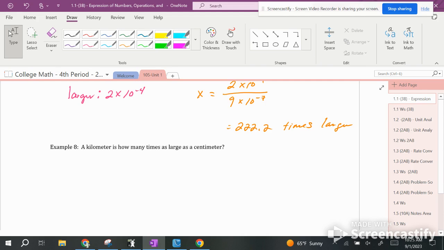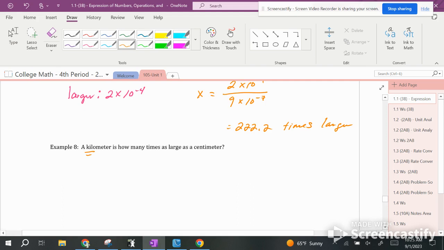Guesses? 100,000 times bigger. That was a good guess. Maybe, maybe not. Let's find out.